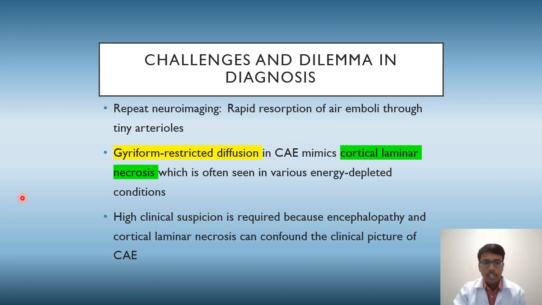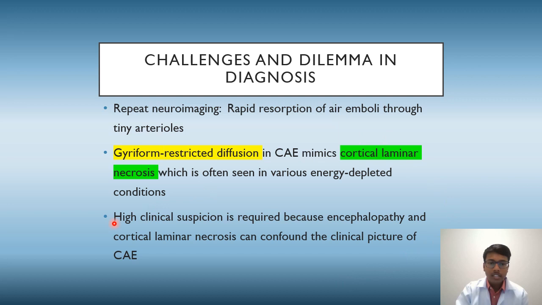And we can also see the gyriform restricted diffusion in the cerebral air embolism, which is caused due to cytotoxic edema or the blood-brain barrier disruption, mimicking the cortical laminar necrosis, which is often seen in various energy-depleted conditions like ischemia, hypoxia, or seizures.